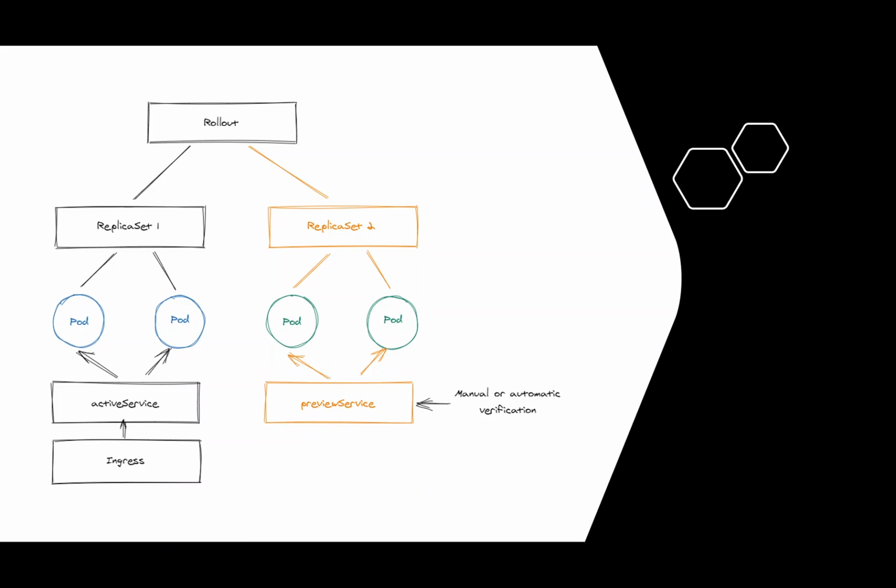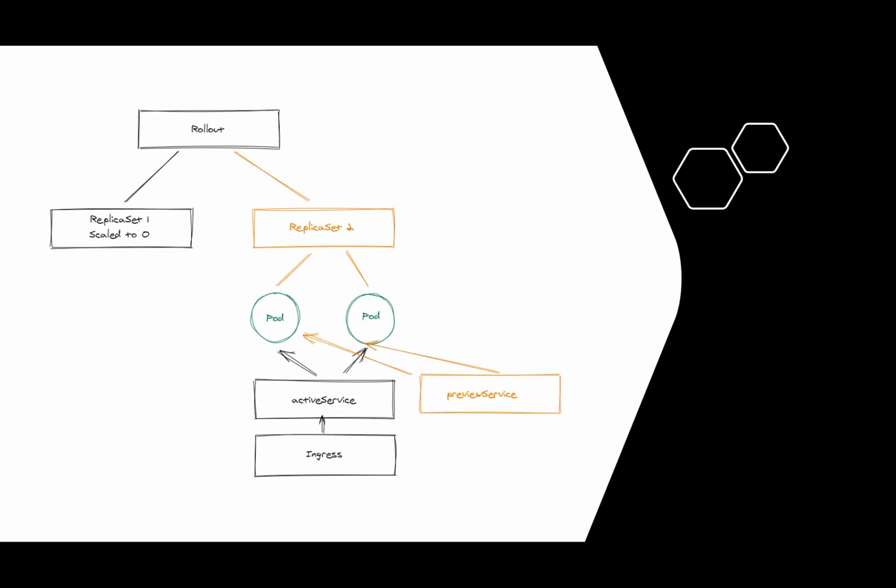I want somebody to promote this new service to become the green one, so to speak, right? After promotion, this is what happens. So first, the new replica set pods will become active because the active service is modified and will point to those new pods, which also means the ingress will now give you access to those new pods.